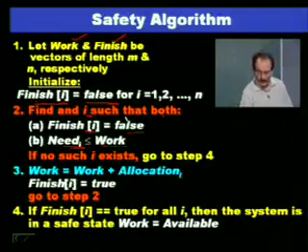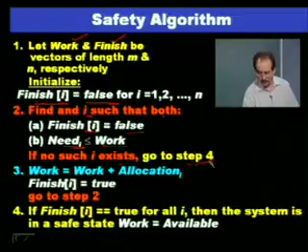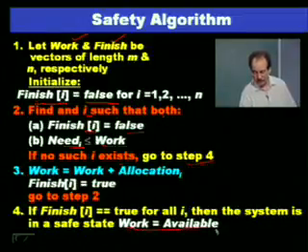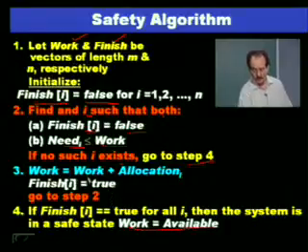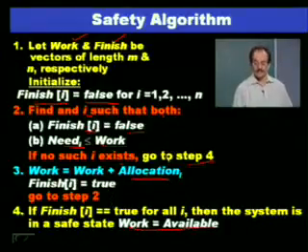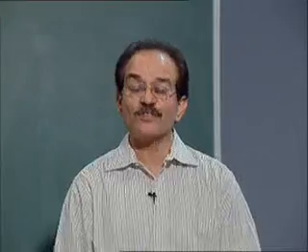If no such i exists, we are over and go to step 4; otherwise, we go for the allocation. So, this is the simple safety algorithm which we have got.